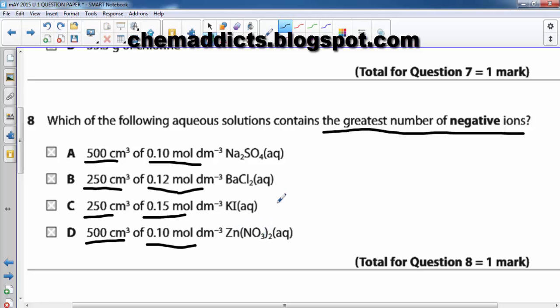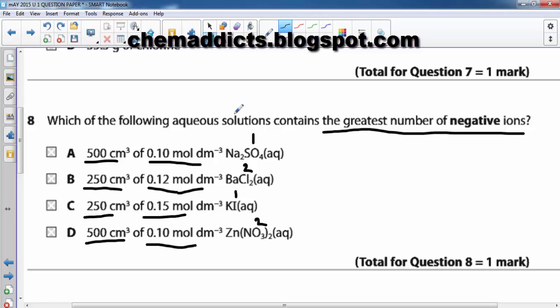So total 3 ions, total 3 ions, total 2 ions and total 3 ions. Okay, and let us check total number of anions. Total number of anions present here is 1, here it is 2, here it is 1, here it is 2.